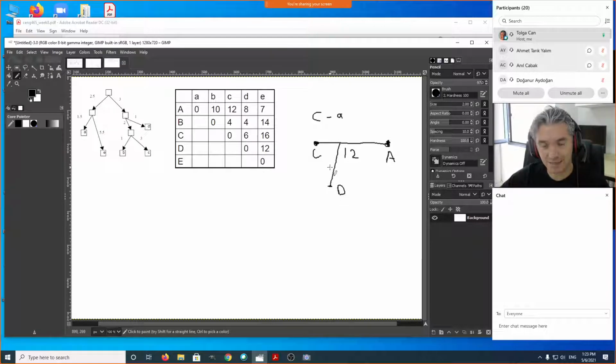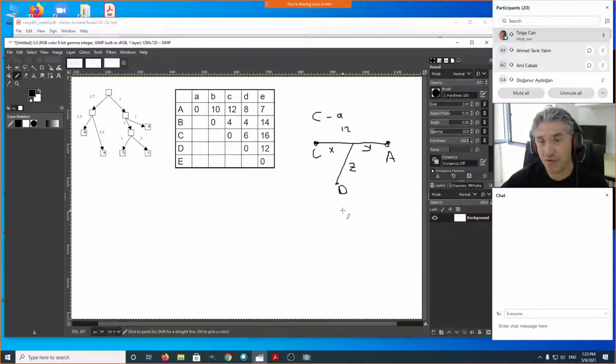Let me also erase this 12 and write it here at the top. Now the whole distance is 12, but I don't know what this X, Y, and Z are going to be. So there are three unknowns, X, Y, Z.